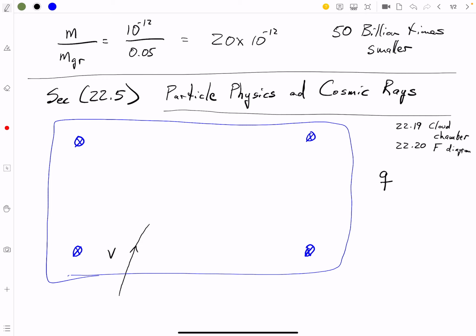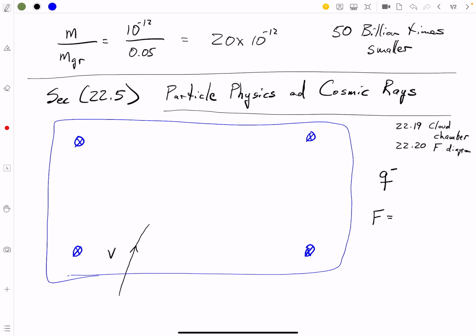We've got this force on Q, but we're going to go along V and curl toward B. Yep, it's a negative particle. We're going to curve toward B, and our thumb is going to point in the direction of the force.